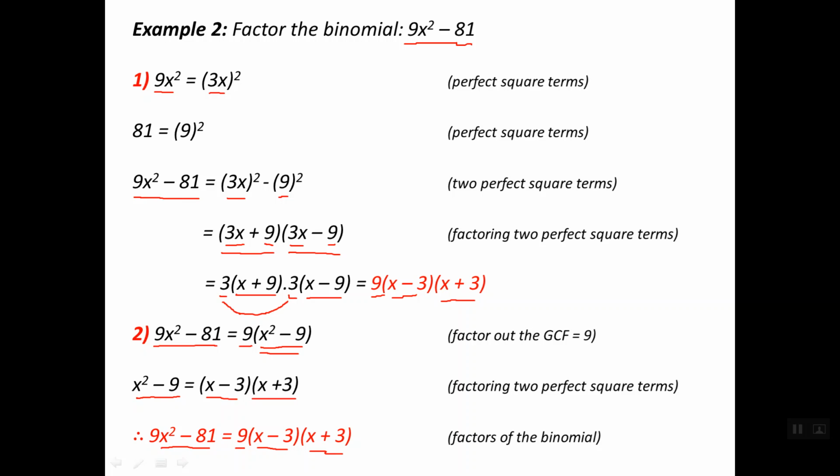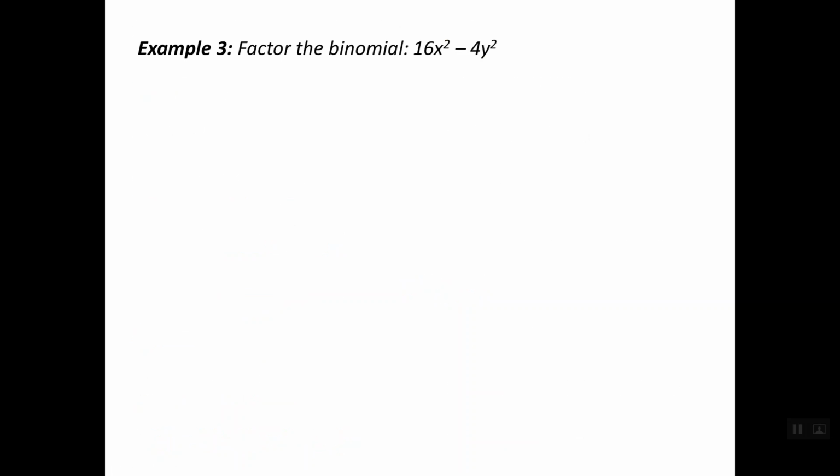From now on, I will follow the second technique, which is based on factoring out the greatest common factor, then completing. Let's solve this example together. Factor the binomial 16x squared minus 4y squared.